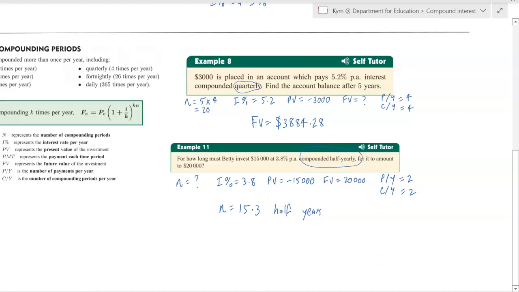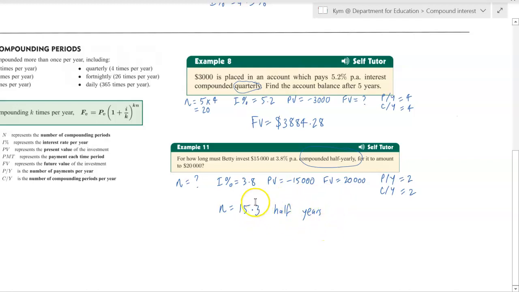So what I'm actually going to do is divide that number by 2 to actually tell me how many years. If it asks you how long must someone invest the money, it's probably not a good or a reasonable answer to give half years. You could give months or years and months, but I wouldn't probably leave my answer in half years.